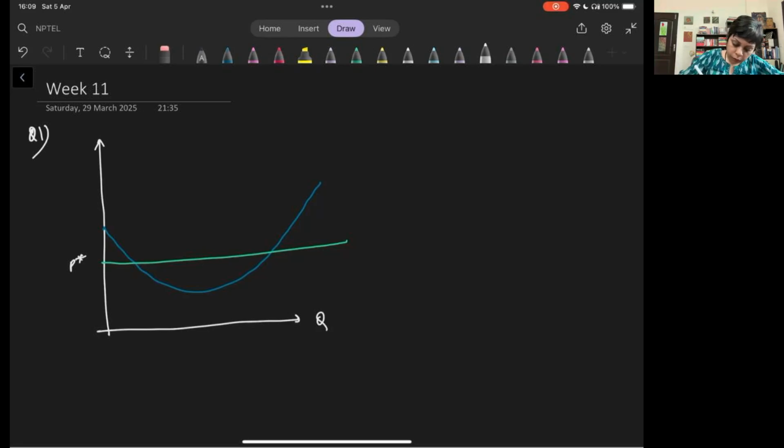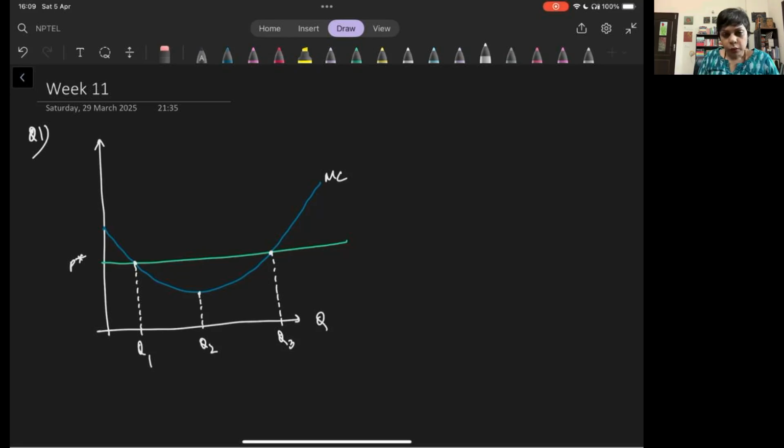At this point, the first place where the P star line is intersecting the marginal cost curve is the point at which quantity is Q1. This lowest point of the parabola is quantity Q2. And the point where the price line is intersecting the marginal cost curve again is the point where quantity is Q3. This is marginal cost. So this is the question.